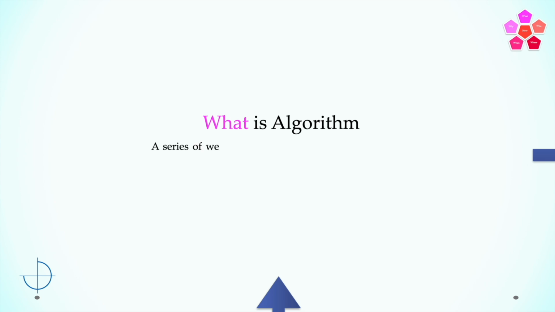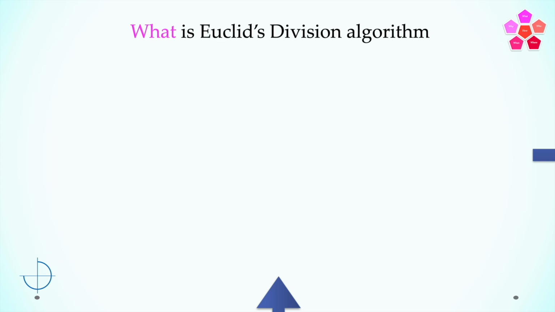A series of well-defined steps which gives a procedure for solving a type of problem is called an algorithm. It's kind of a pattern recognition perspective for solving a problem, and that series of well-defined steps forms the algorithm for that.